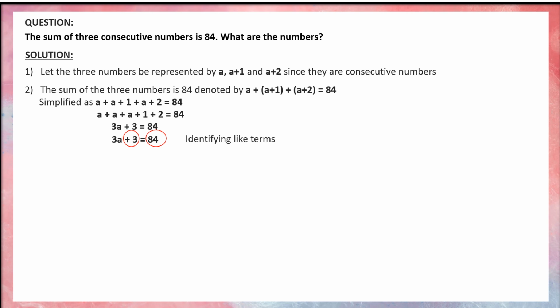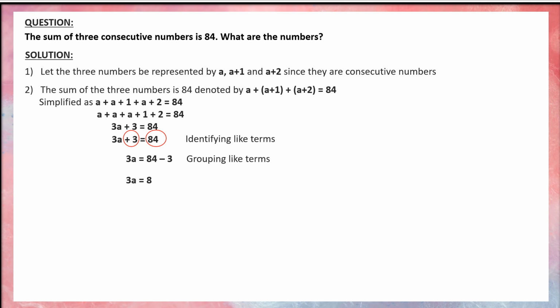What we have simply done here by drawing the circle is identifying the like terms, and then like I said, we take the 3 to the right hand side, it becomes negative. So we are left with the 3A on the left hand side since it doesn't have any like term, and then we carry 3 to the right hand side, so it becomes 84 minus 3. So what we have simply done here is we have grouped like terms.